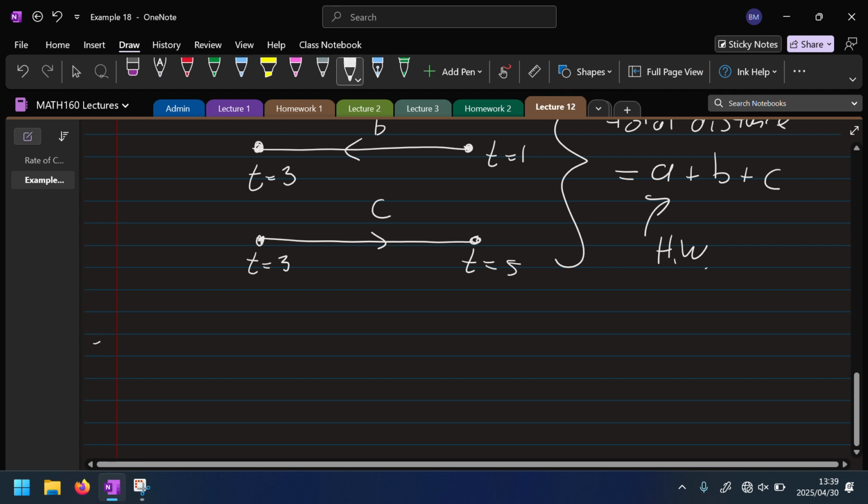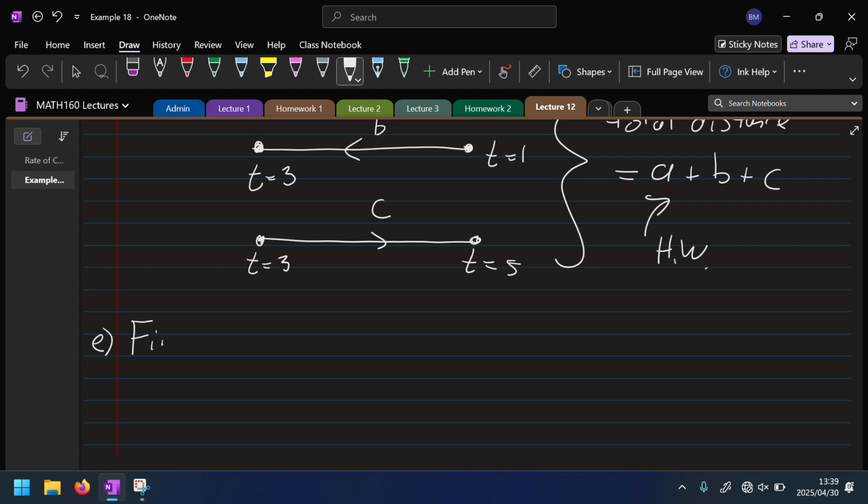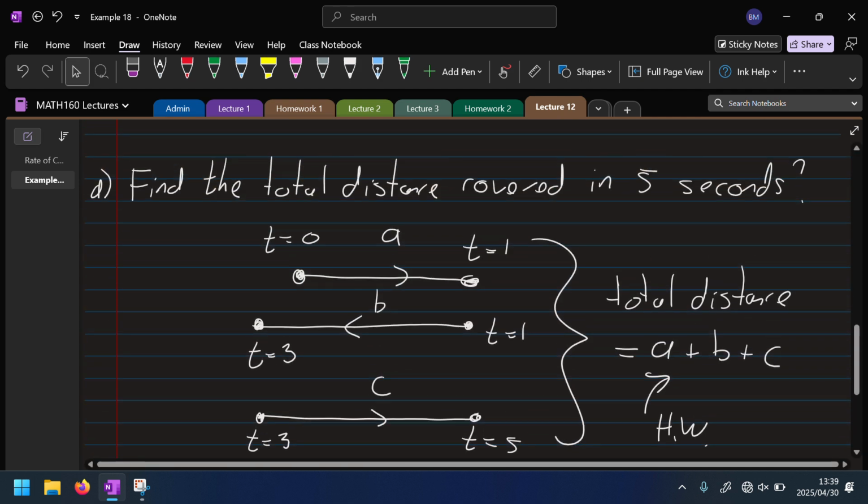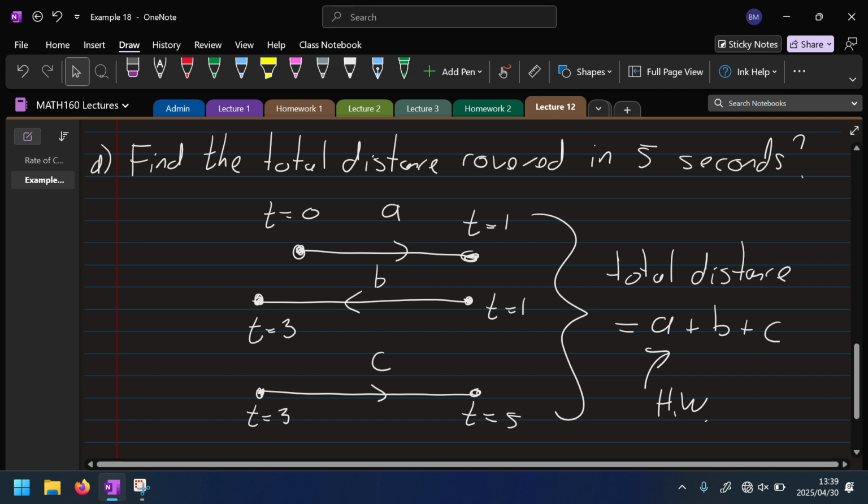Okay, E, find the acceleration. Okay, so let's start off with the position again. How we get that?